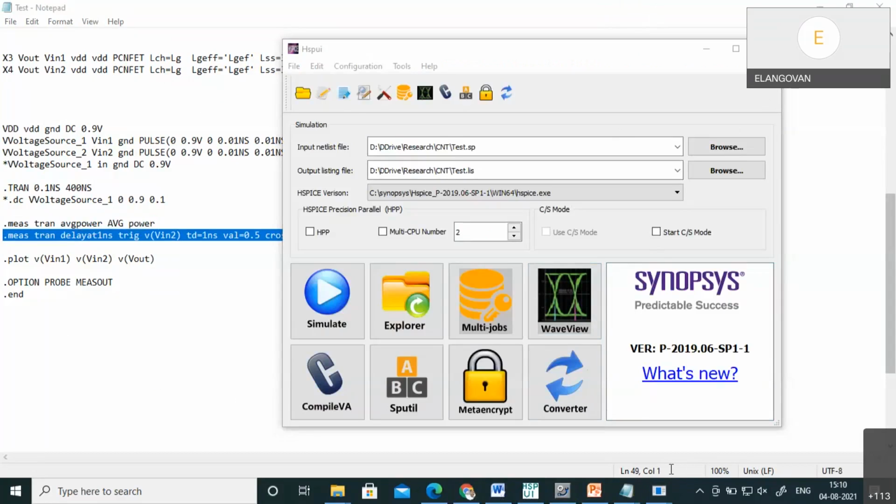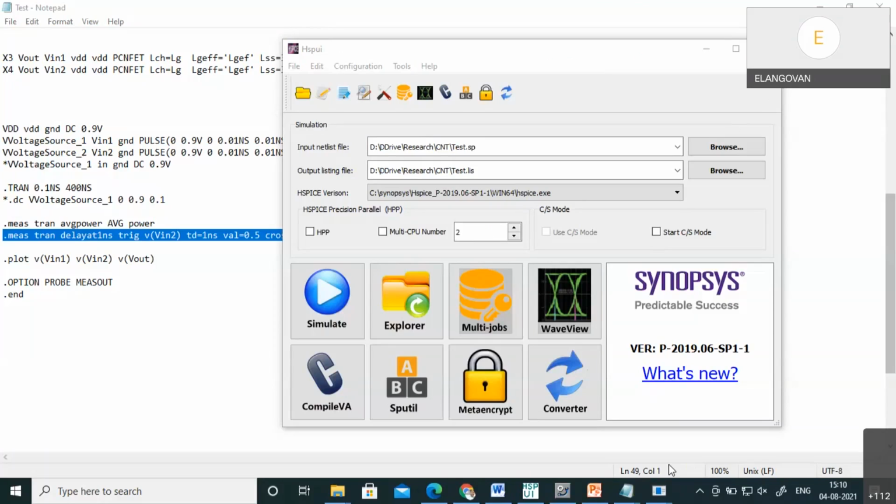Excuse me, sir. Sir, you have interchanged the input ordering V in 1 and 2, and you have shown very well that the power has reduced. Is there any logic to check when the power will be reduced, sir? You are asking about pin ordering. Ma'am, I never tried pin ordering.